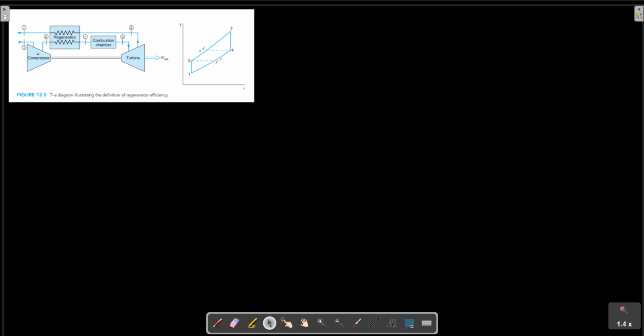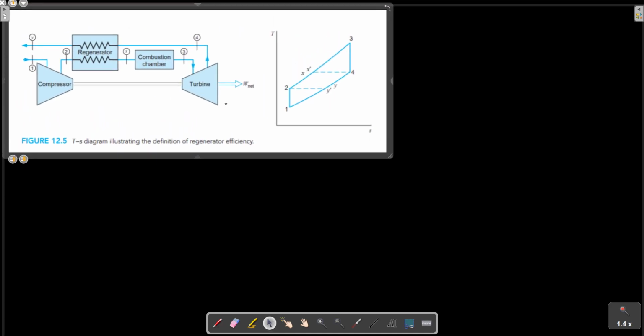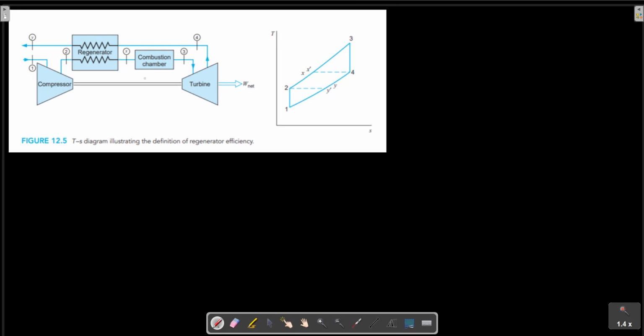State X represents the high pressure gas leaving the regenerator.